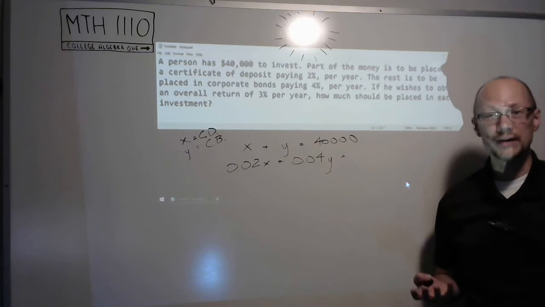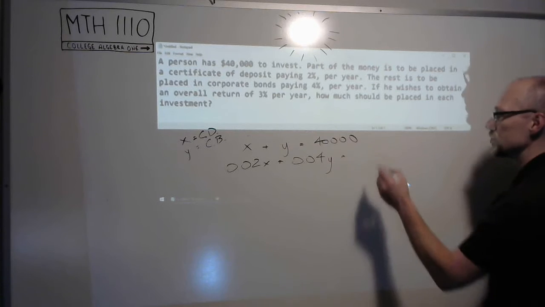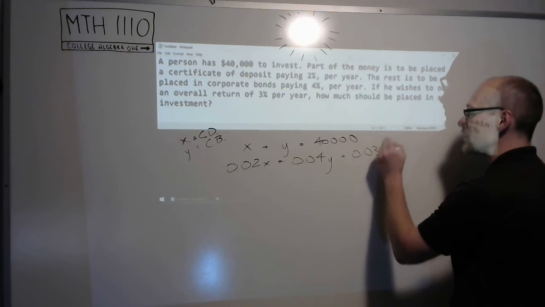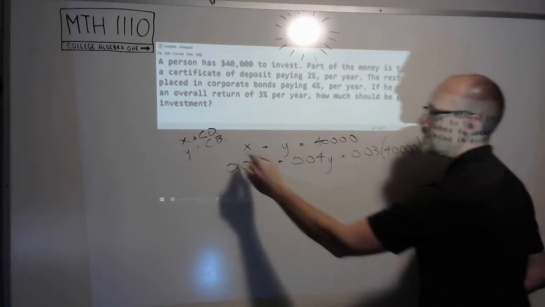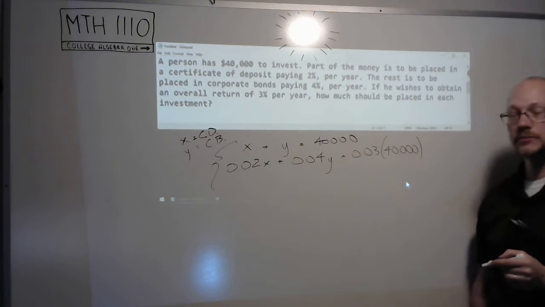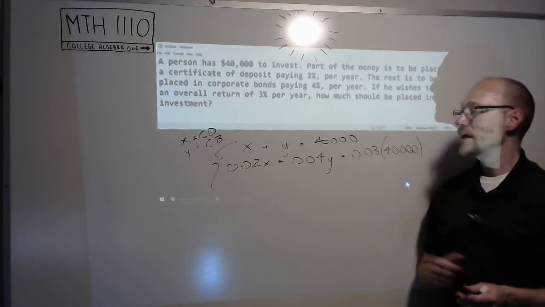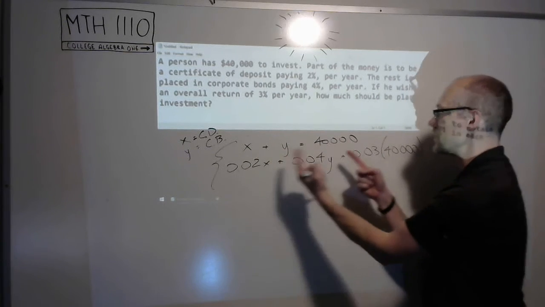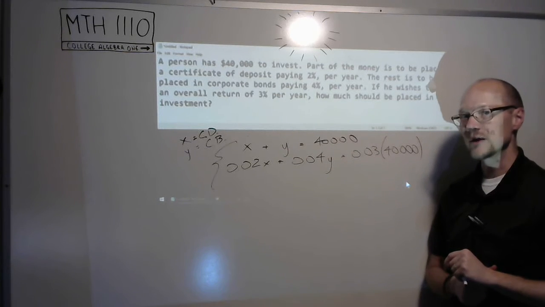Well, it needs to equal a return of 3%. 3% on your total amount. So 3% of 40,000. So this ends up being your system of equations. The total amount of money needs to be 40,000. The total amount of interest earned needs to be 3% of that $40,000.